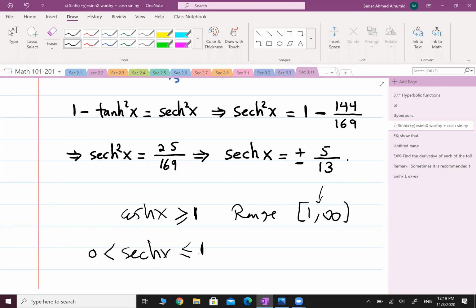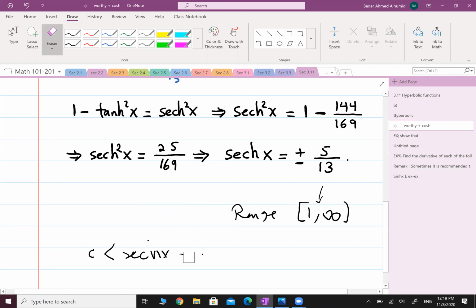All values of secant are bounded between 0 and 1 only.